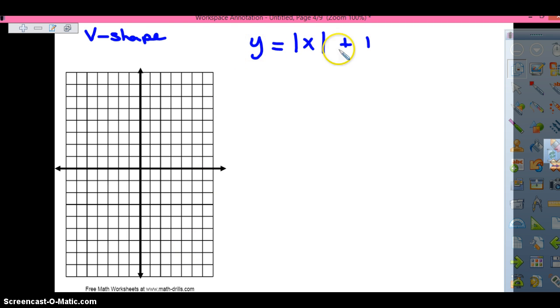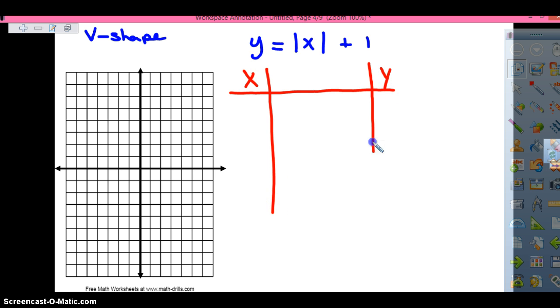If we have to model this function rule with a graph and a table, we have to start by modeling it using a table. So we're going to create our x and y table like we did in the previous example. So we have y equals the absolute value of x plus 1. Because there are absolute values around the x, I already know that my graph will have a V shape.